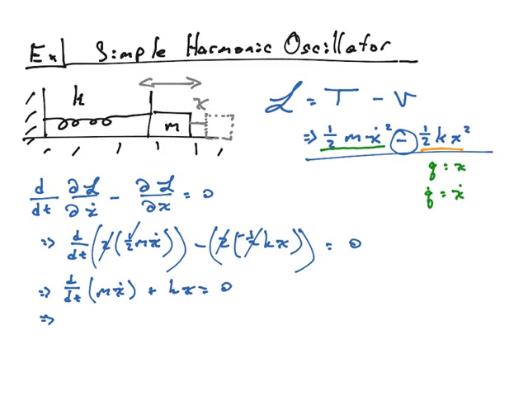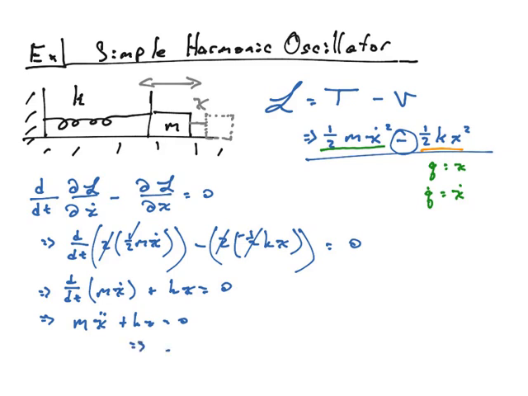It's not adding mass or subtracting mass. It's not like it's a piece of ice that's going to melt or some rocket fuel that'll be burned off in time. So the only thing in the first term that depends on time is the velocity. So that term is m x double dot. The time derivative of x dot is x double dot, of course, plus k x equals 0.